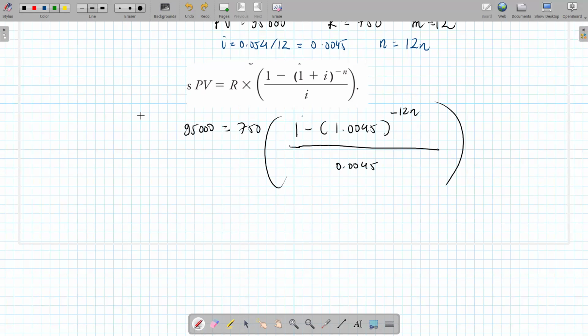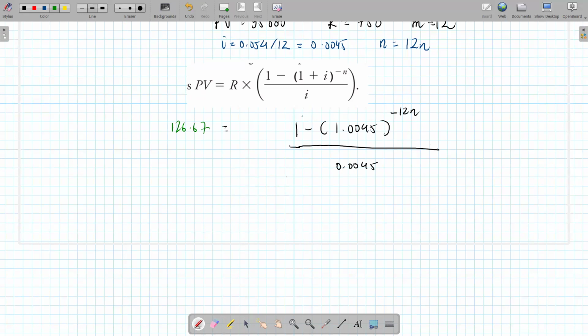You divide by 750. Yeah, that works. So let's divide by 750. We don't really need these brackets then. So 95,000 divided by 750. That's 126.67. What's next? You multiply by 0.0045.